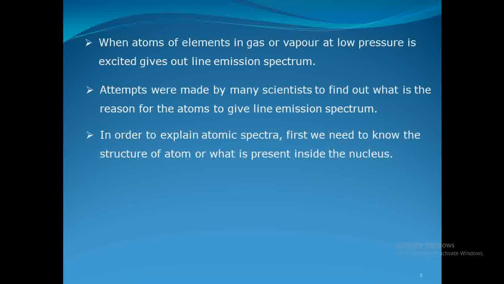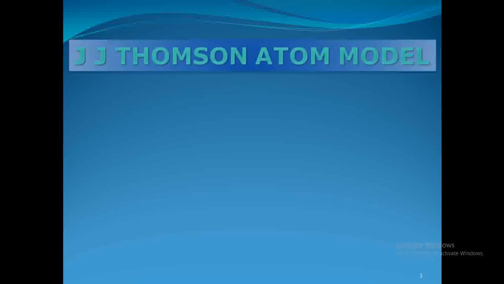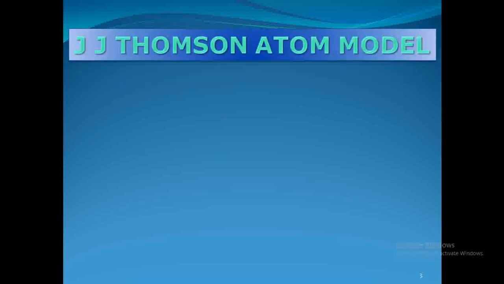Okay, so many theories were proposed in order to explain this. Under that, the first atomic model was given by J J Thomson after the discovery of electrons through electric discharge in the vacuum chamber.